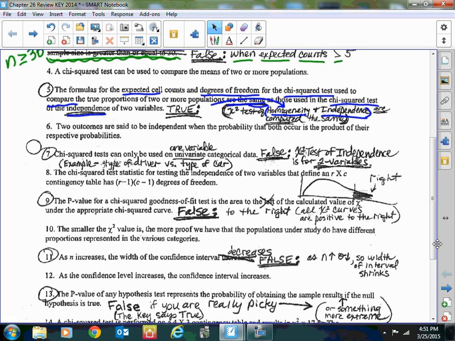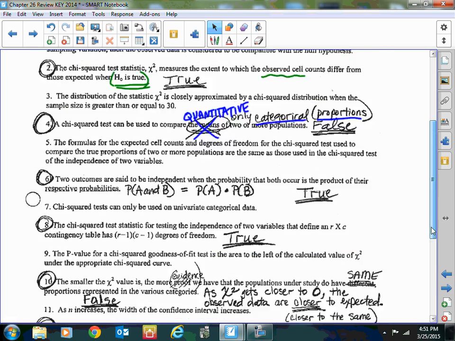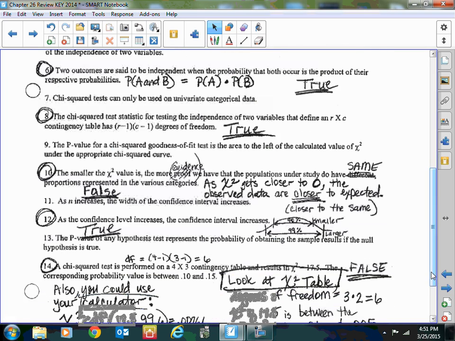All right, number 6: 2 outcomes are said to be independent when the probability that both occur is the product of their respective probabilities.